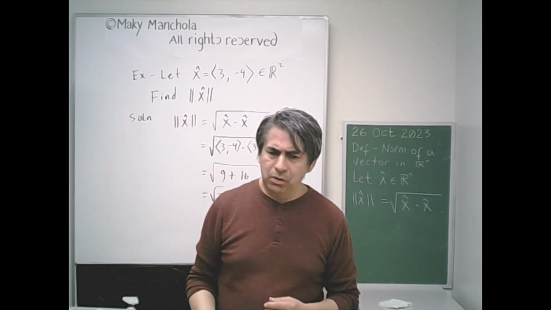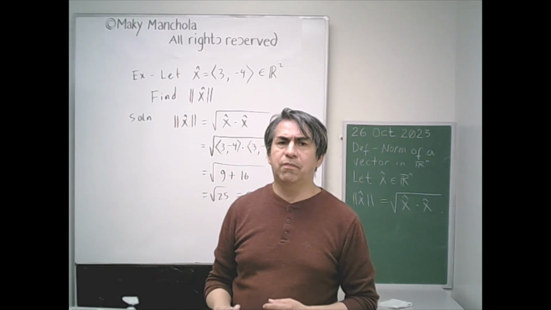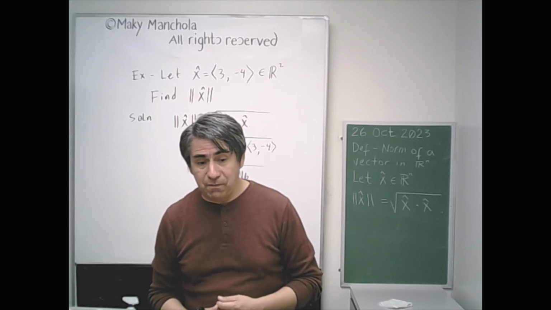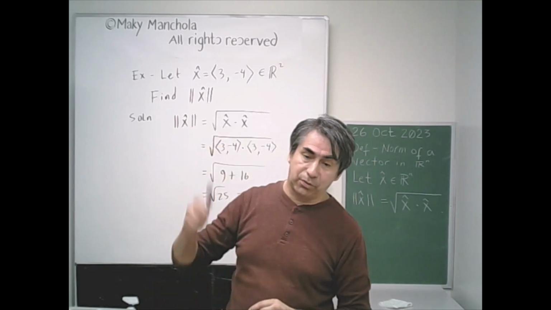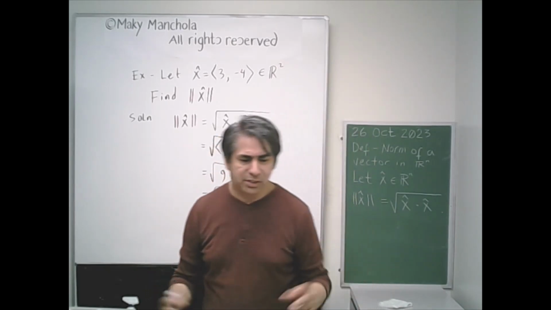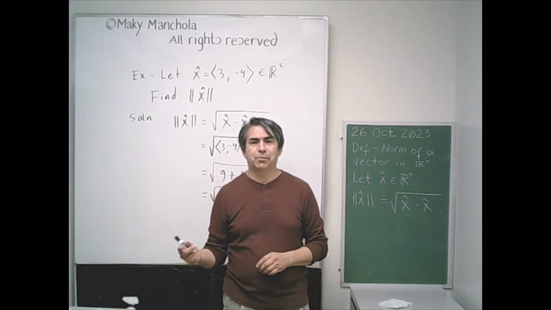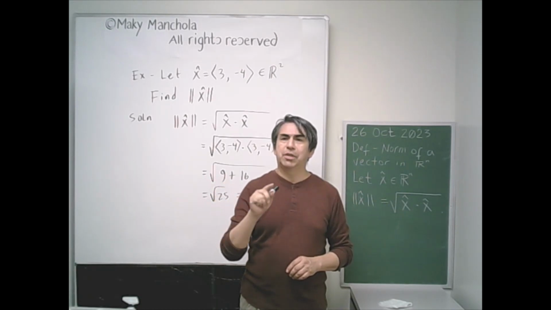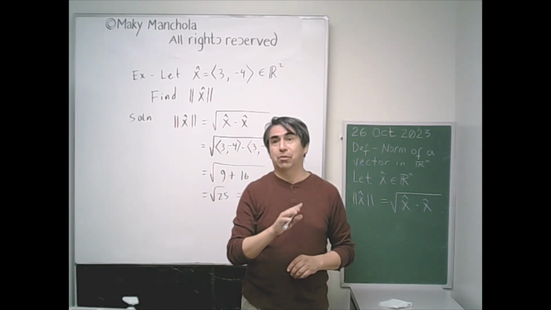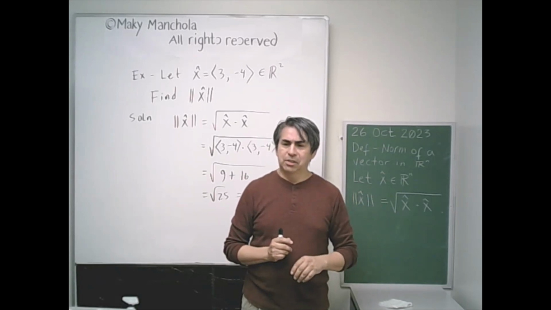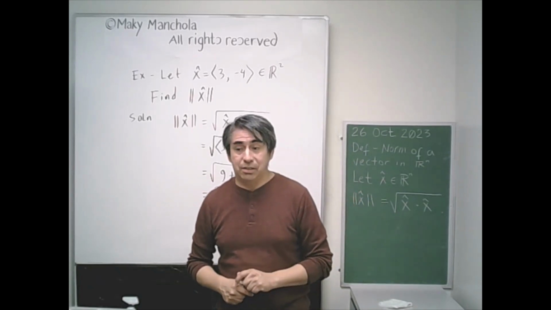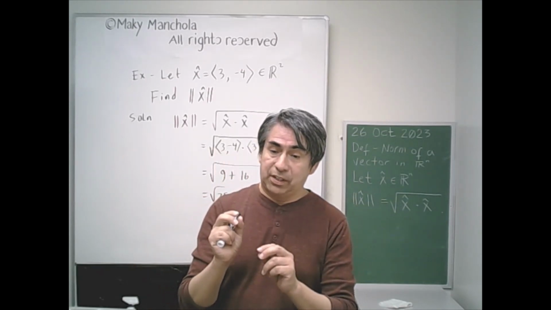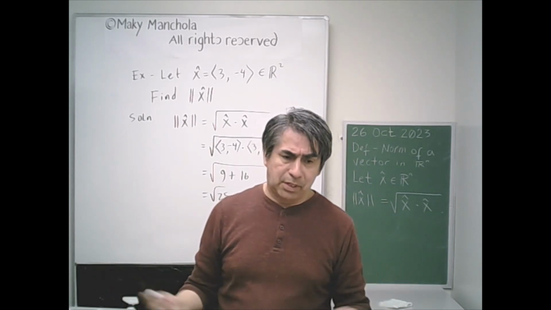So in general, when you talk about the norm of a vector in Rn, that's just a generalization of the length of a vector in R2 and R3. So you might hear, what is the length of the vector x hat equals 1, 2, 3, 4, 5, all the way to n? That will be just the square root of the dot product of the vector x with itself, and that's the end of that.